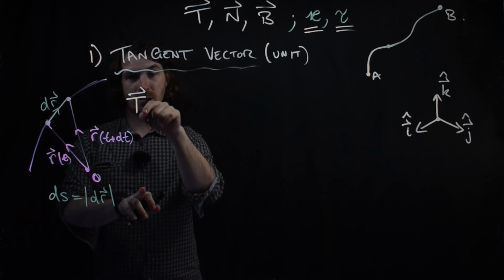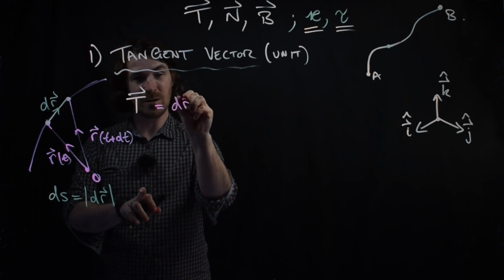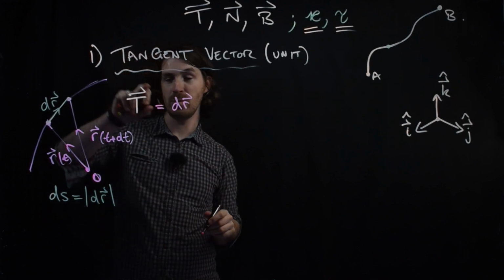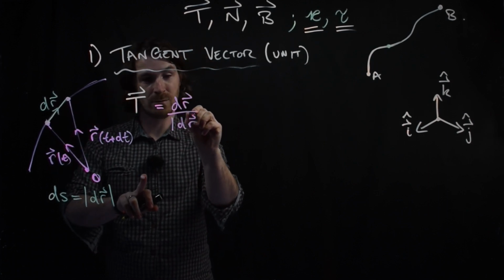So this tangent vector is nothing other than dr, but it's a unit vector, so we make it a unit vector.